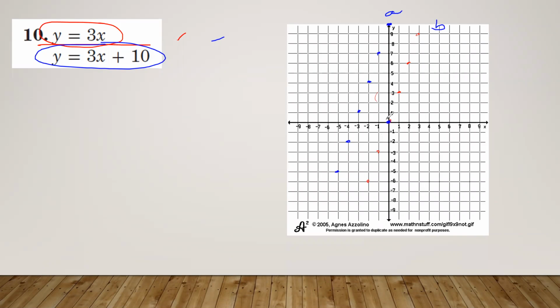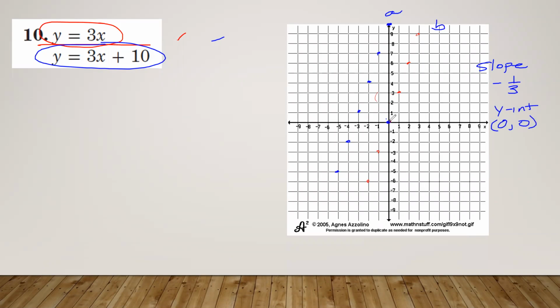And remember my slope, I want to make a line that's perpendicular, right? So I know that my slope is going to be the opposite reciprocal, so it'd be -1/3, okay? And it crosses the y-intercept at 0.